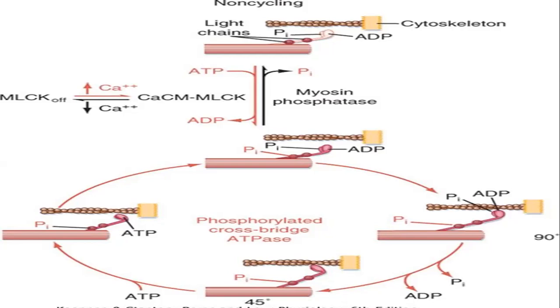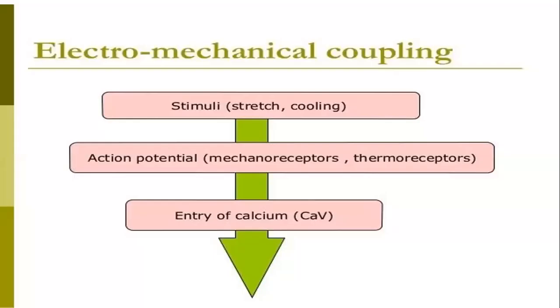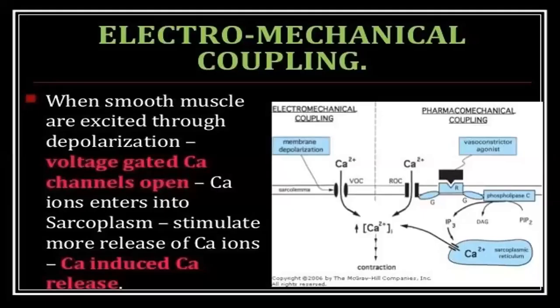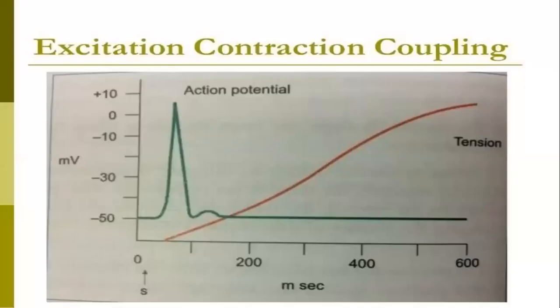Cross-bridge phosphorylation at a specific site on the myosin regulatory light chain requires ATP in addition to that used in each cycle interaction with actin. So the smooth muscle can respond to stretch, it can respond to some drugs, and it can respond to changes in membrane potential.